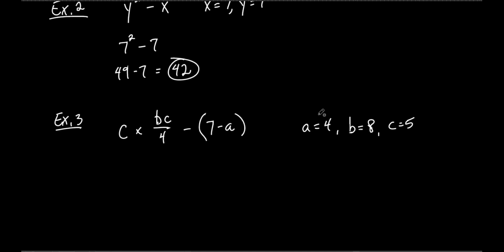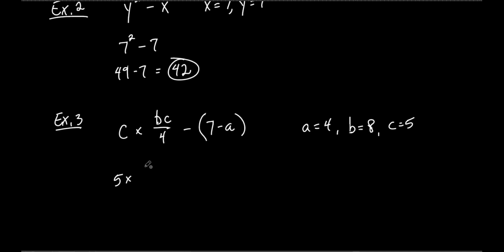But what we can do is we can substitute. We can take that 4 and put it in for A. We can take that 8 and put it in for B, and take that 5 and put it in for C. In fact, C shows up twice, doesn't it? All right? So let's put it in here. So C, what is C? It's 5. Okay? I'll put the little times symbol. Don't really need to. There's a better way to do this, but anyway, I'll just do it like that.